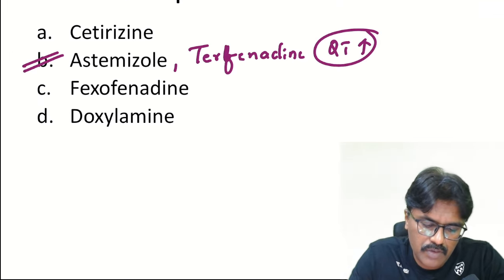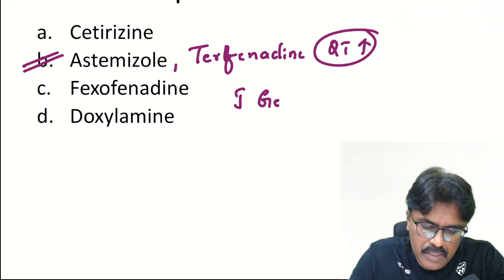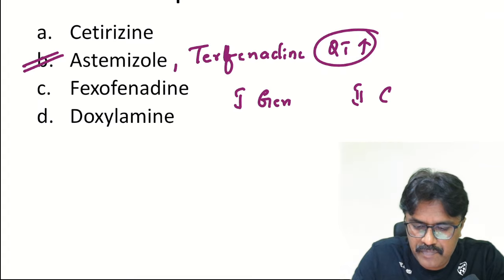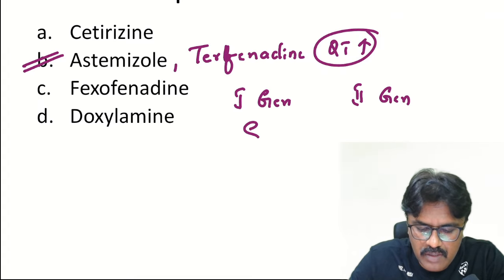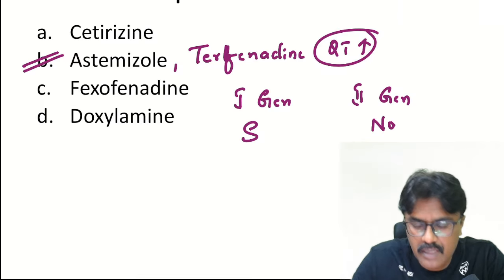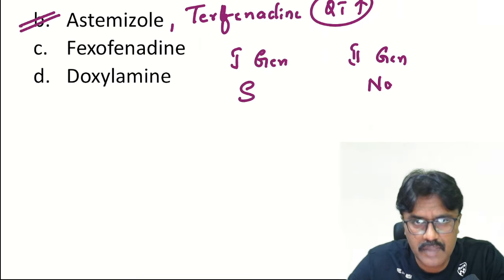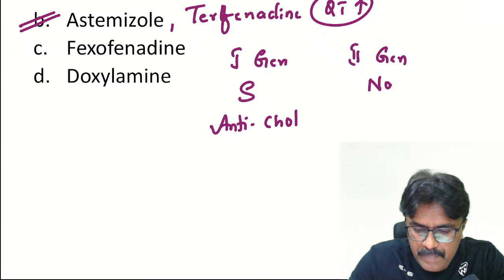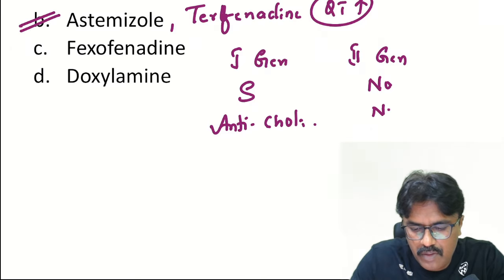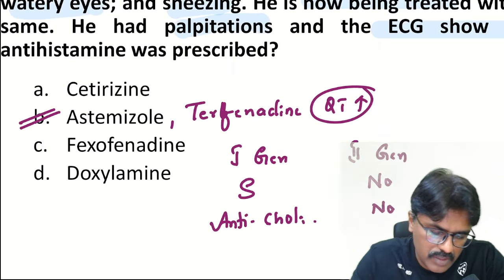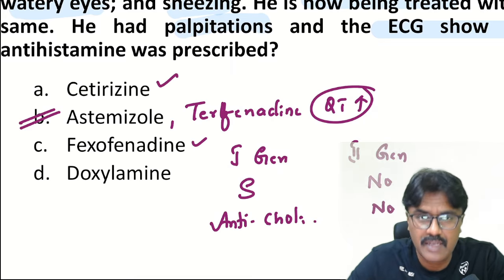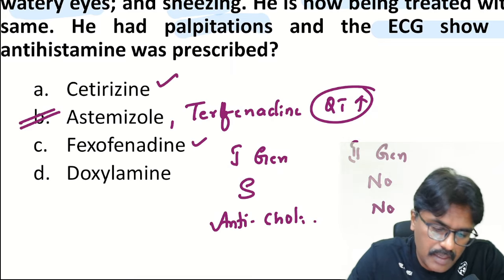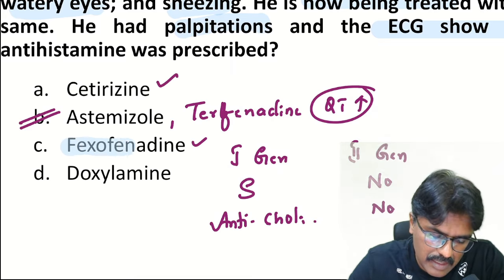In antihistamines, you should know the differences between first generation and second generation. First generation cause sedation. Second generation don't. First generation have anticholinergic property. Second generation have no anticholinergic property. So cetirizine and fexofenadine are second generation, and the least sedation among second generation is fexofenadine.